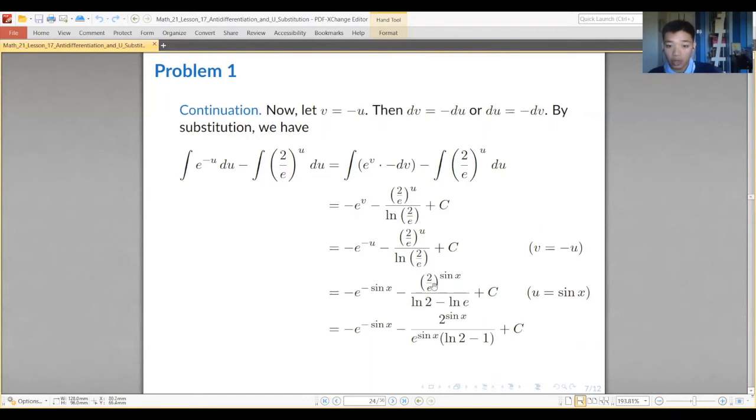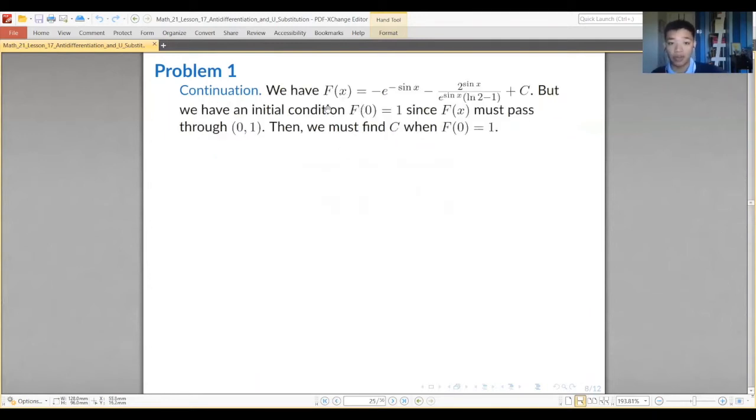And then you can separate the 2 and e here in this power. So you put the e over raised to sine x here. And then we know that ln e is equal to 1. So yeah, we have the general form here. This is the general form of the antiderivative of our small f of x.